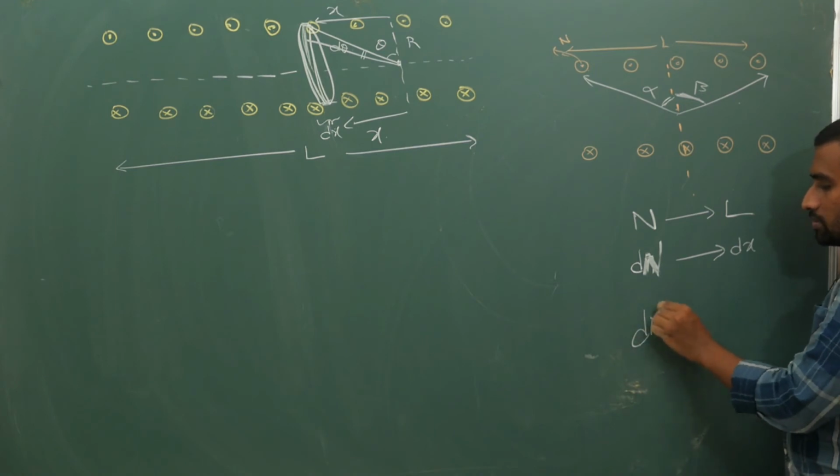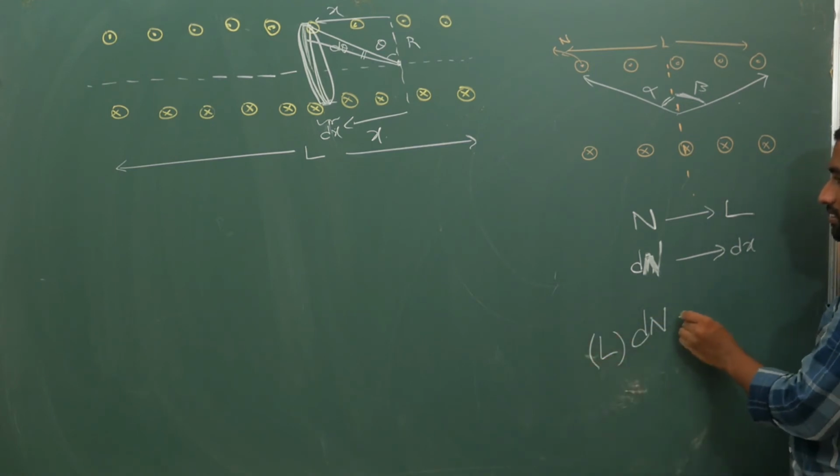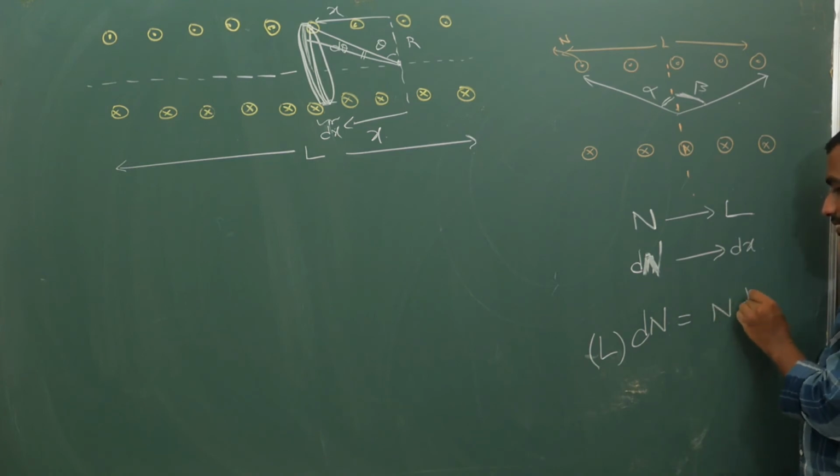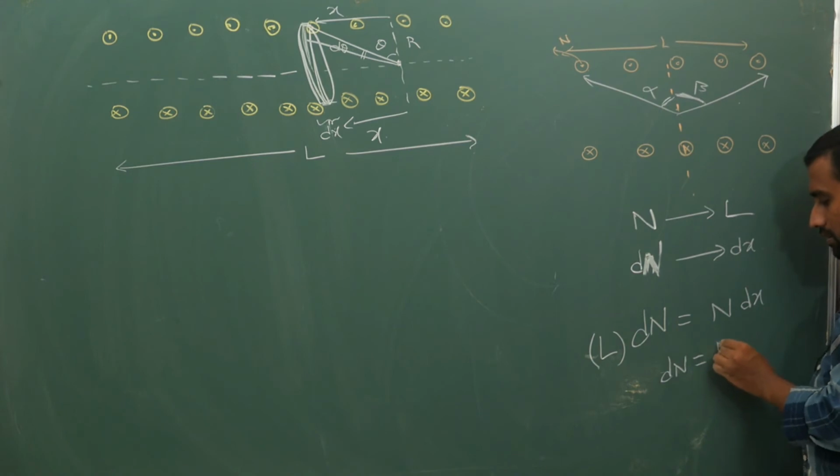Now if I cross multiply, L times dn is equal to N times dx. Your dn is equal to N by L into dx.